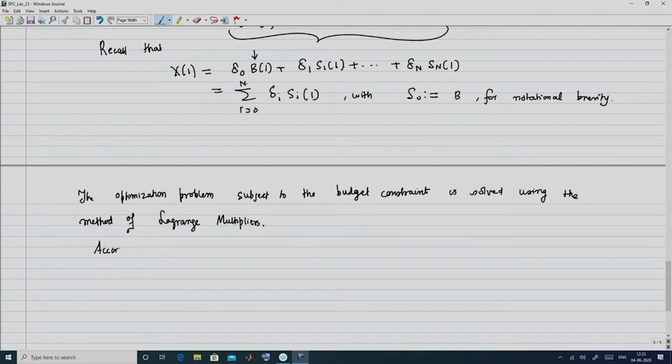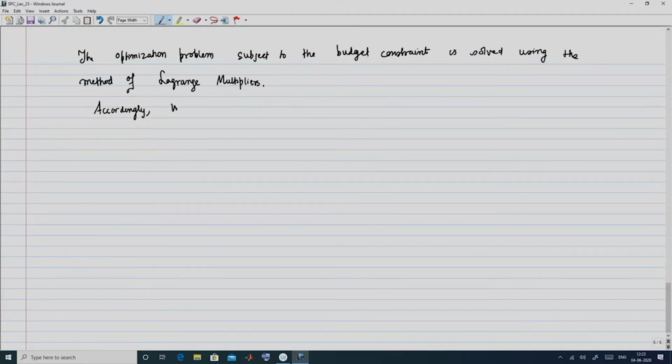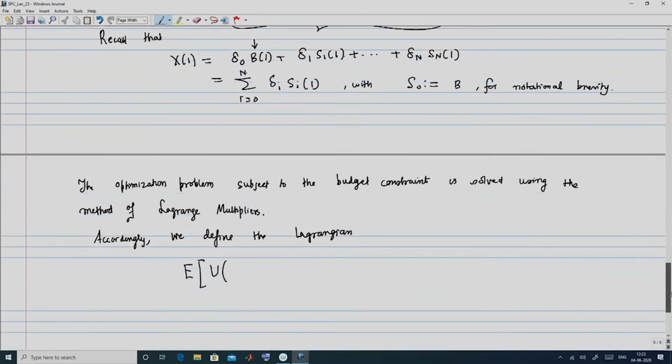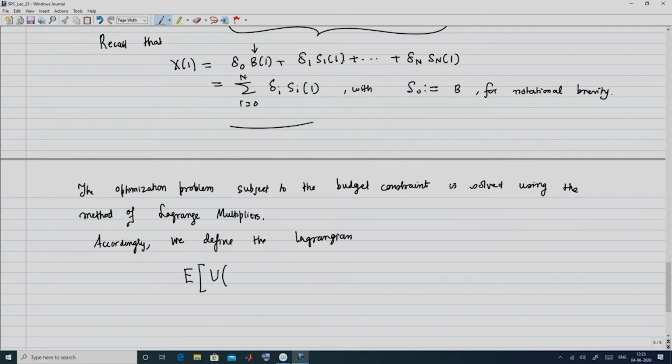So, accordingly, we define the Lagrangian. Remember, what do you want to maximize? You want to maximize the expected utility of x1. So, what is x1? x1 is nothing but this expression. So, it is the maximum utility of summation delta I S I of 1, I equal to 0 to n.